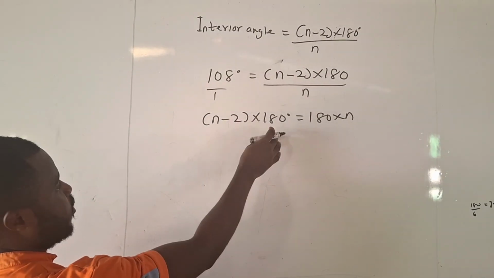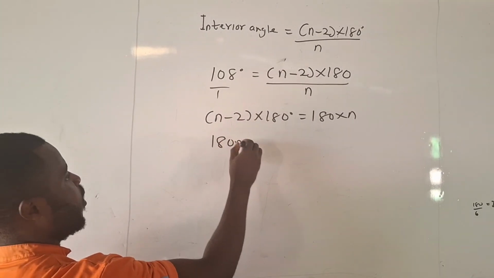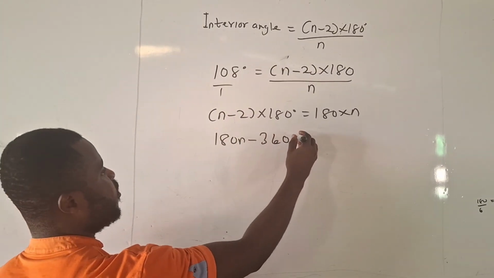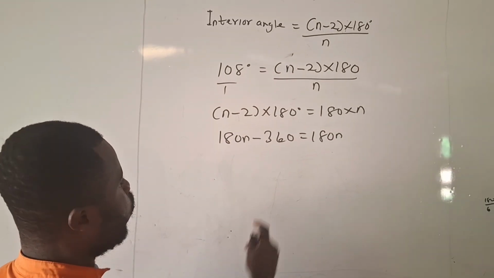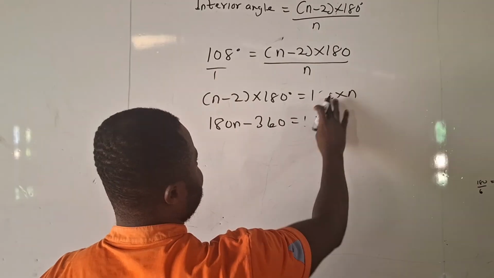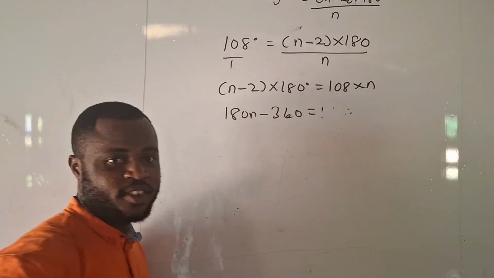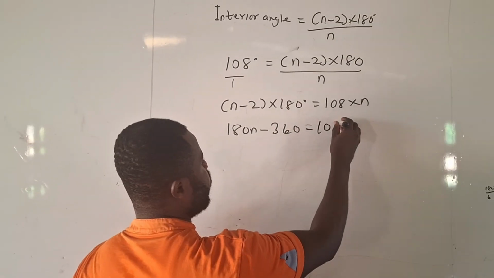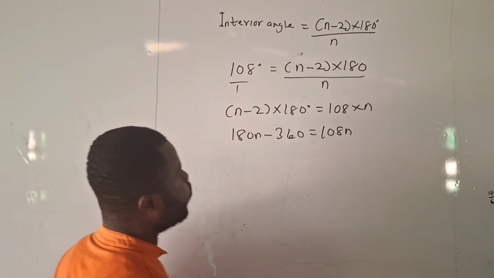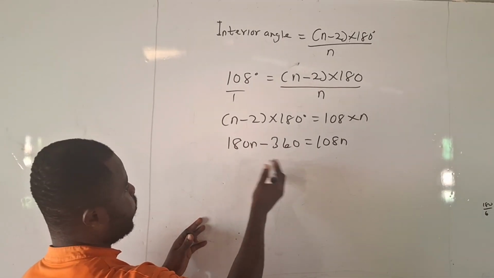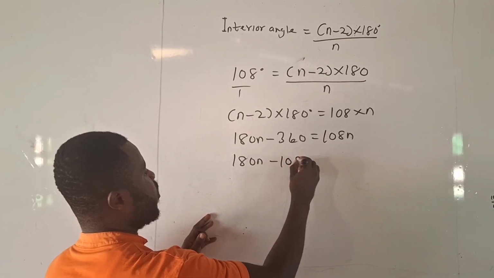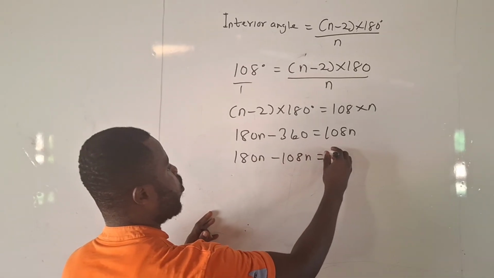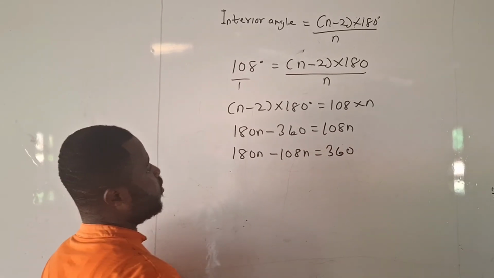Let's open the bracket. This gives us 180n minus 360 is equal to 108n. Let's group like terms: 180n minus 108n is equal to 360.